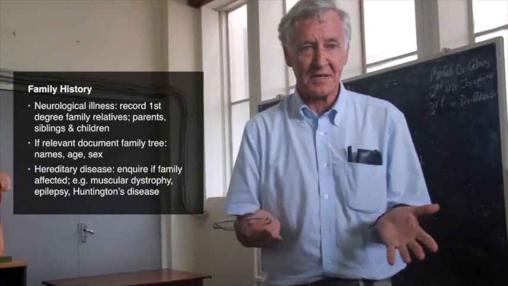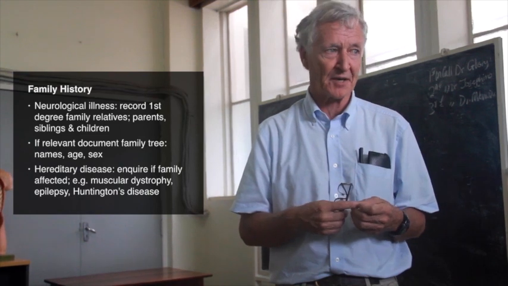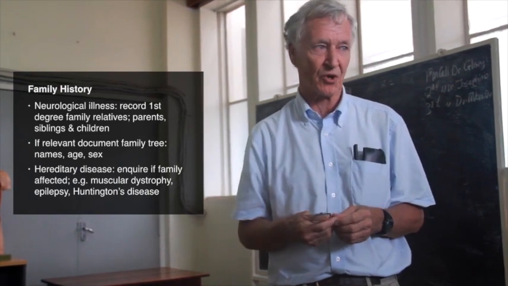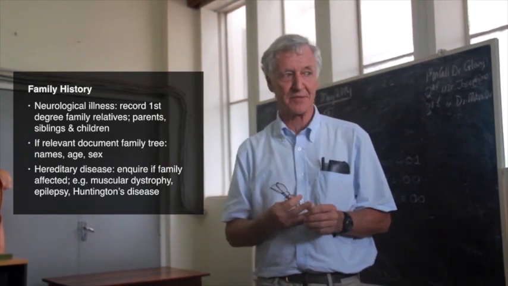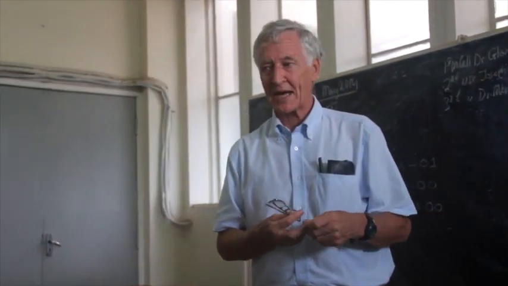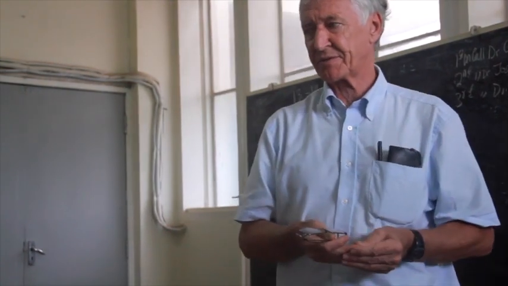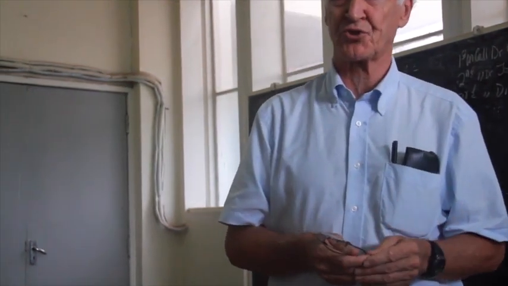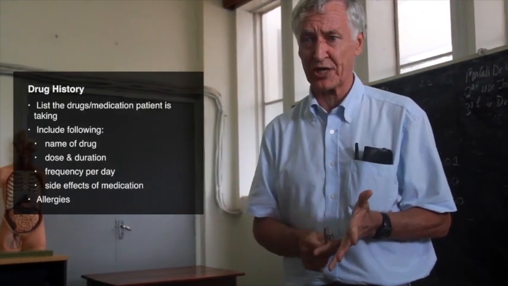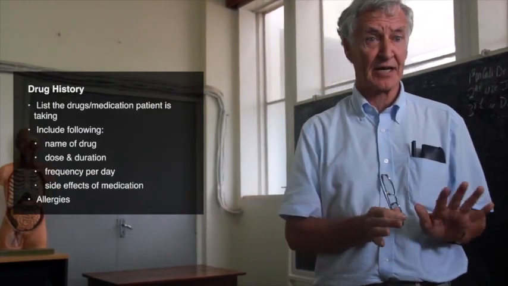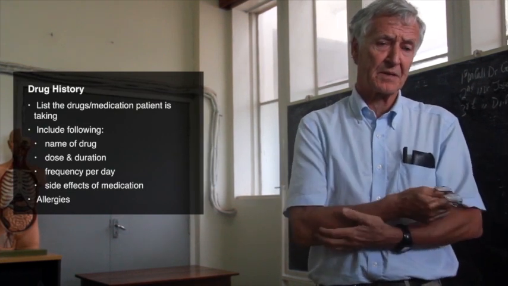There are some specific diseases like, I'm thinking of, say, Huntington's chorea, which is autosomal dominant. We see muscular dystrophies, the different types of them. So we do ask about where it is relevant. And moving on then to drug history, we tabulate the drug, the dose, the duration, and are there any allergies or side effects.